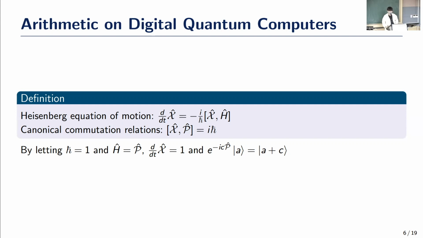By letting h bar equal 1 and p be the Hamiltonian, the time derivative of the position operator equals 1, and by applying Hamiltonian p for time c, the position shifts by c.